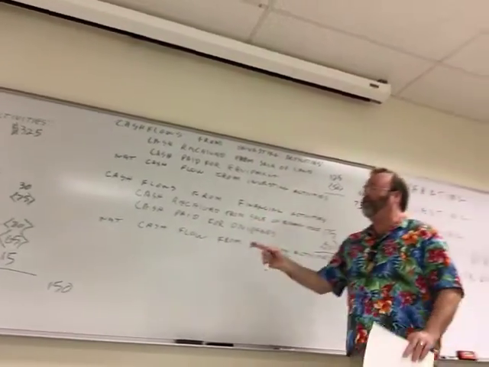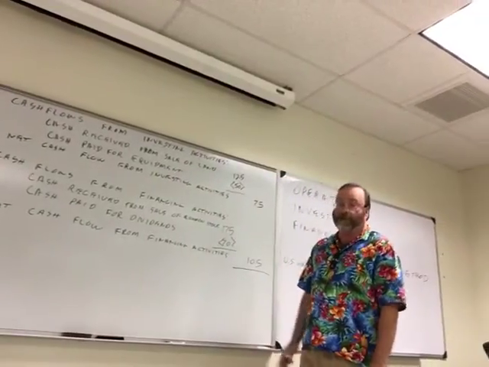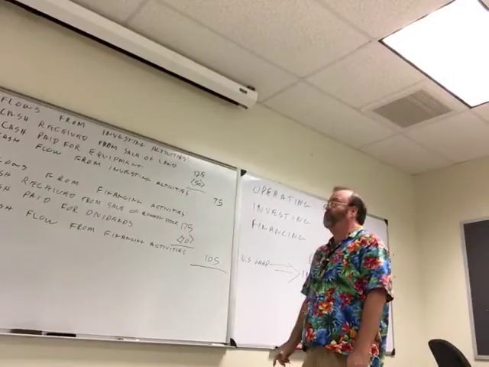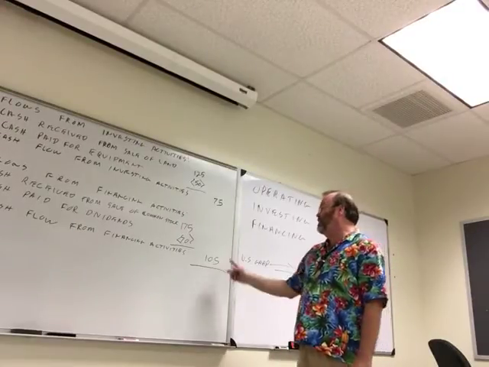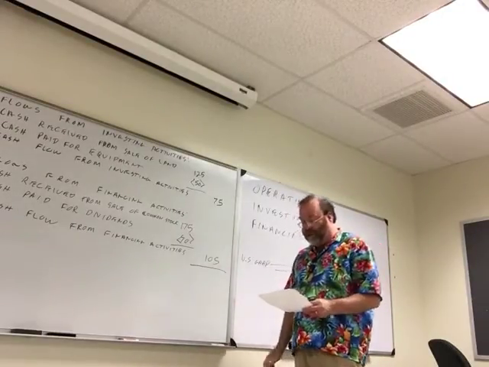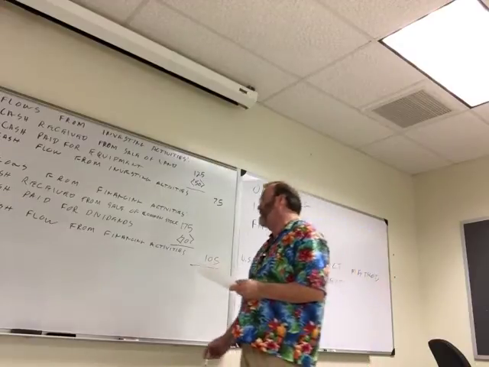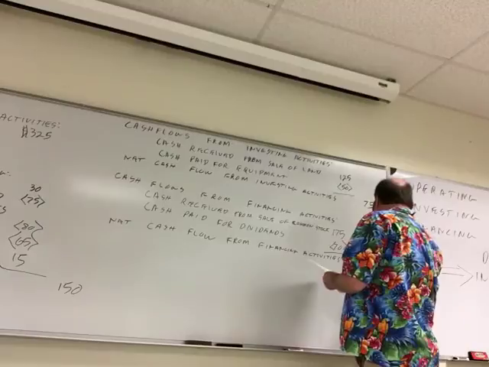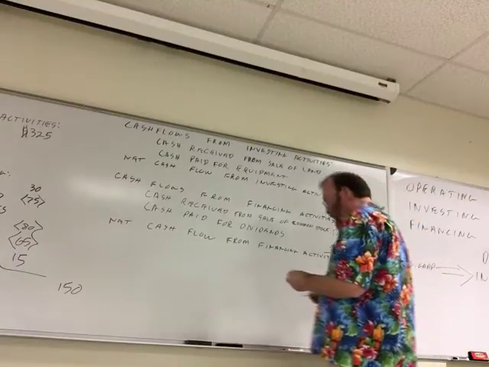If you add up the $150 that came from operating activities, the $75 that came from investing activities, along with the $105 from the financing activities, you get an increase in cash of $330.